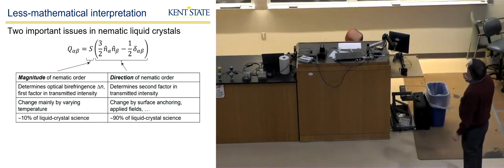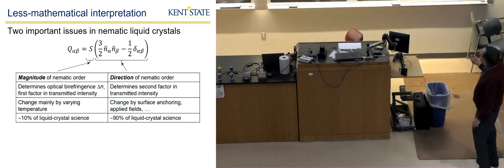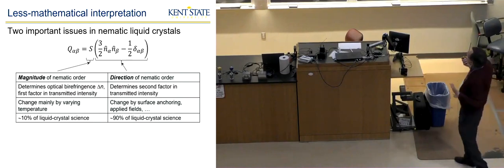The magnitude of nematic order is characterized by this S, the scalar order parameter. That tells you the quality of the alignment, on a scale from 0 to 1.